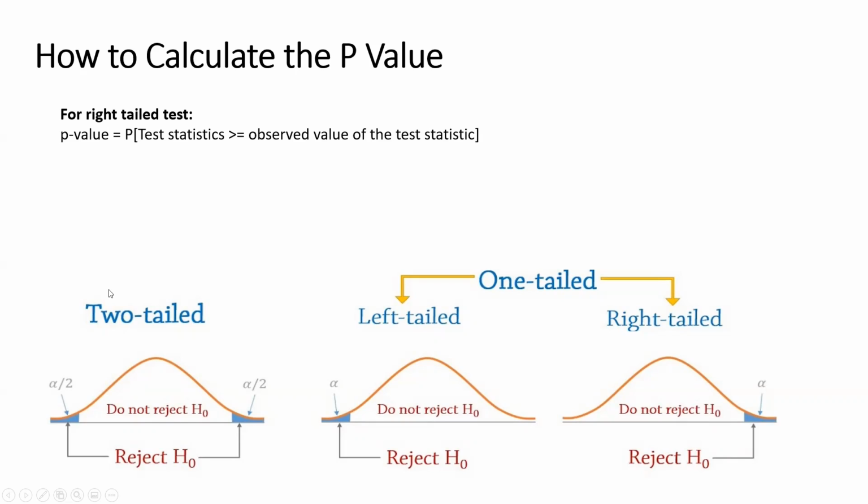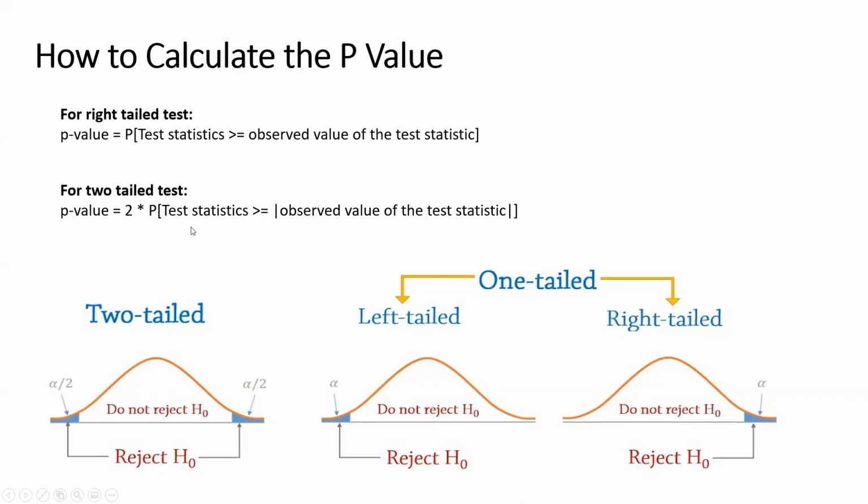That shaded region will be your p-value. Likewise, for the two-tail test and left-tail test, it's a similar example. For the left tail you just have to take values less than that particular value. In the two-tail test, since it's a symmetric curve, we have to calculate the p-value on both sides.